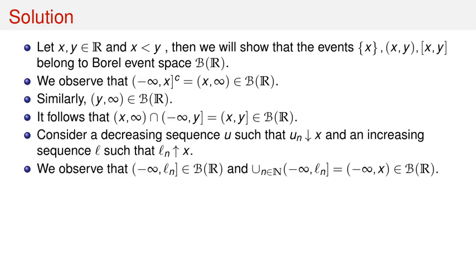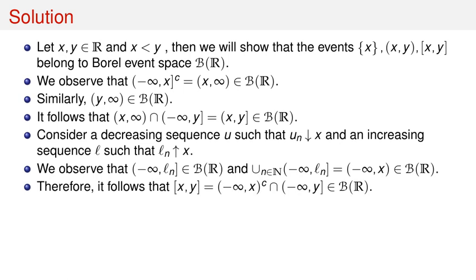By closure under countable unions, the union over n in N of the interval (-infinity, l_n] is equal to the open interval (-infinity, x), and this must be in B(R). Therefore, the closed interval [x, y], which can be written as the intersection of the open interval (-infinity, x) complement and the interval (-infinity, y] closed, is in B(R).